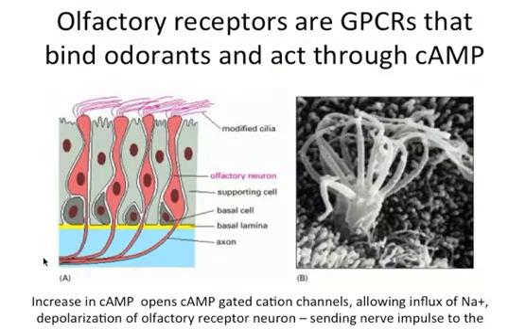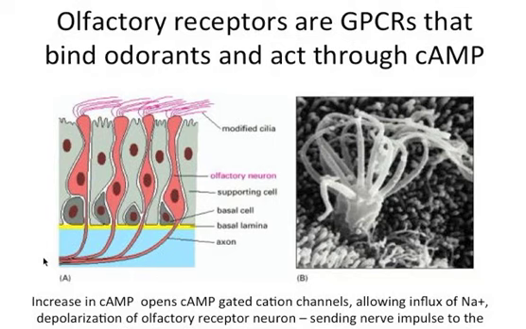Okay, so let's talk about the olfactory receptors. So they are GPCRs that bind odorants and act through cyclic AMP. So you've got your olfactory neurons, right? And so you'll have an increase in cyclic AMP when the odorant binds the receptor, and that results in cAMP-gated cation channels opening, allowing sodium ions in.